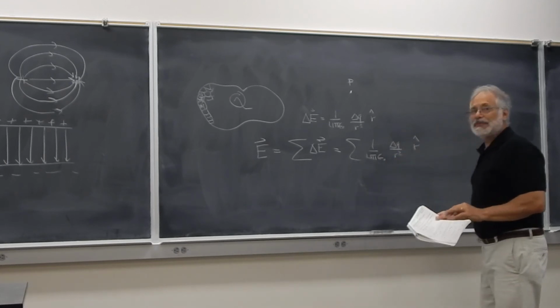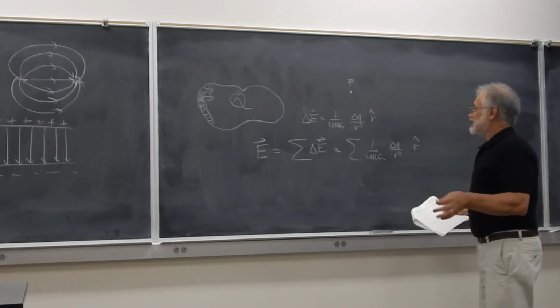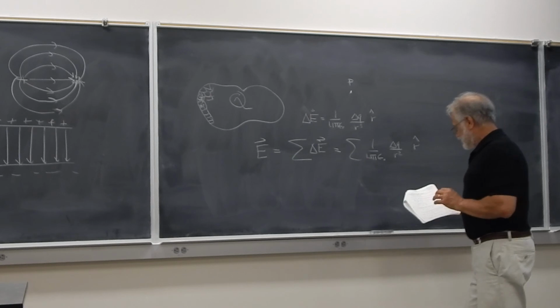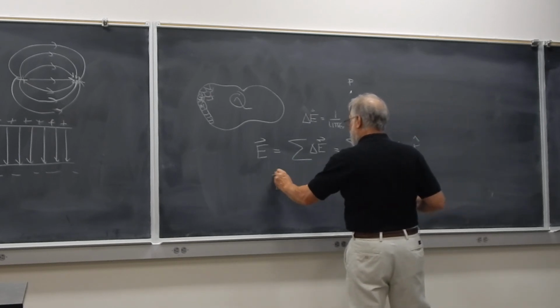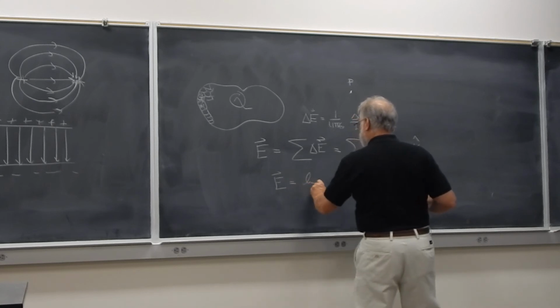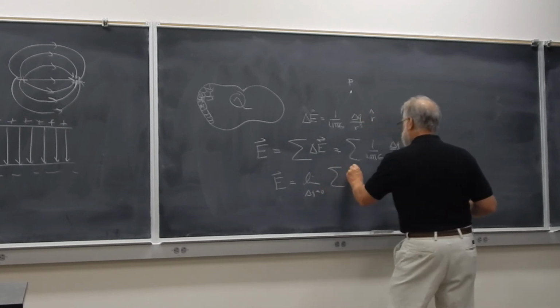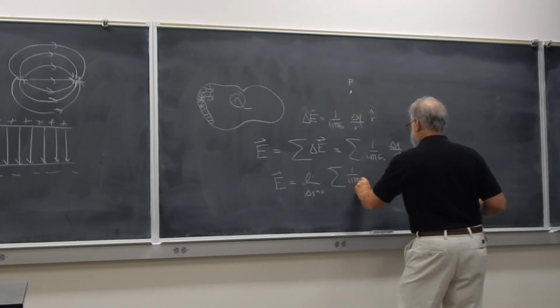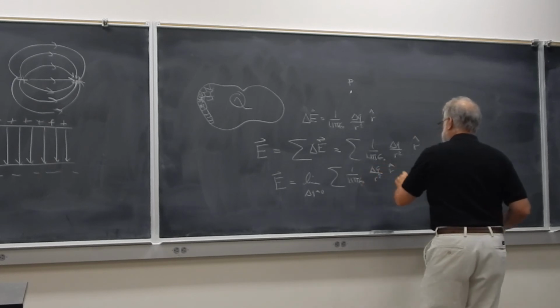That would be true. Operationally, that would be a disaster. But of course, calculus allows us to do the following, and you've seen this trick before. I'm just going to take the limit as delta Q approaches 0 of 1 over 4 pi epsilon naught delta Q over r squared, r direction.